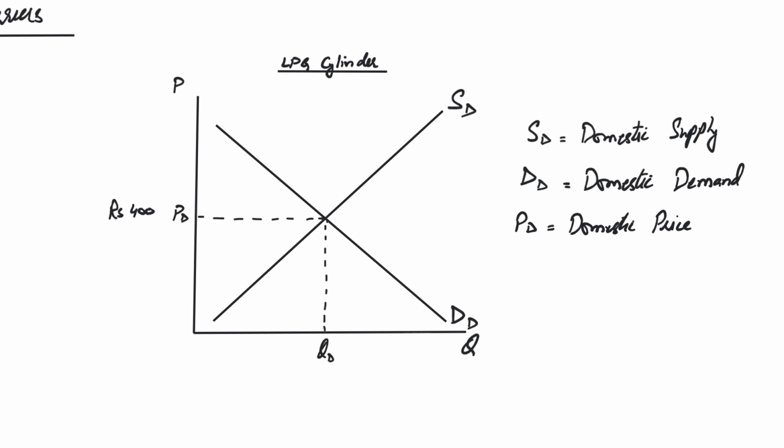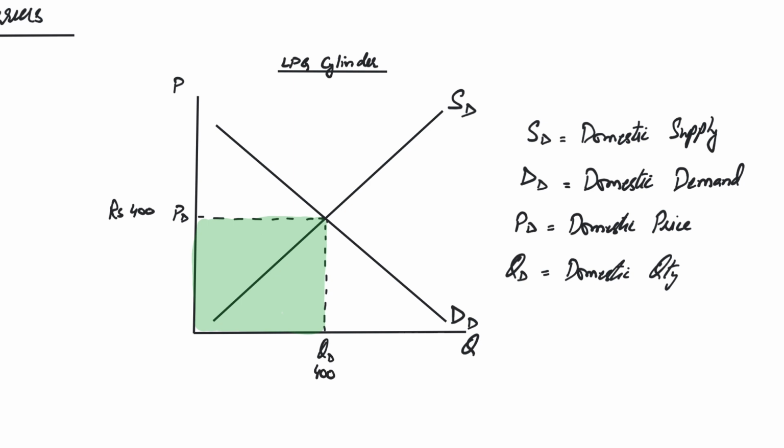Now let's suppose the domestic price for an LPG cylinder is about 400 rupees and X number of units are sold domestically. So I'll mark QD as domestic quantity traded. As far as the revenue goes, जो domestic producers इस वक्त revenue कमा रहे हैं, that is PD into QD, this entire region is the domestic producers revenue. So if I was to give like a quantity, let's say this is 400 units.